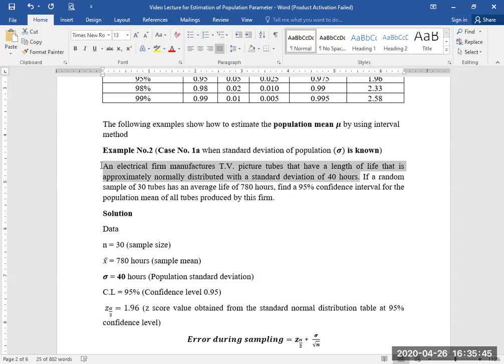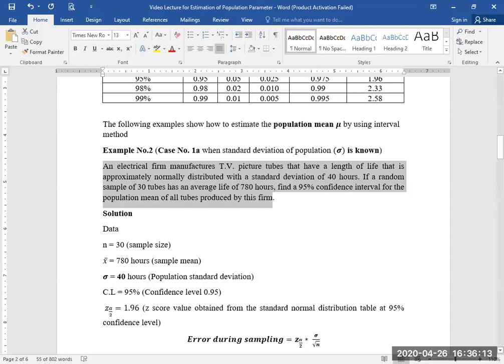Students, we have been given a population standard deviation, which is 40 hours. If a random sample of 30 tubes, this means the sample contains 30 observations, has an average life of 780 hours. This is the point estimated value, 780 hours, constructed from the sample of 30 observations. We have to find the 95% confidence interval for the population mean of all such tubes produced by this firm.